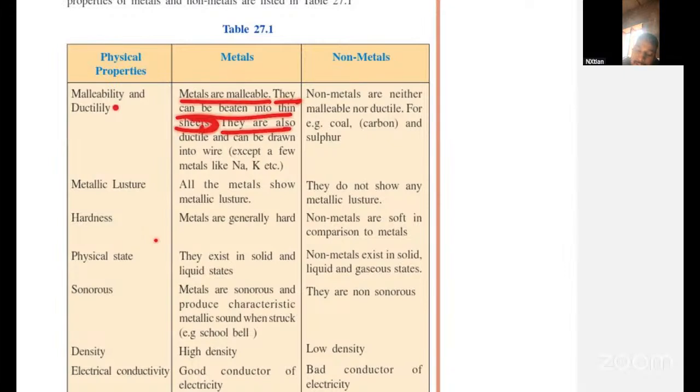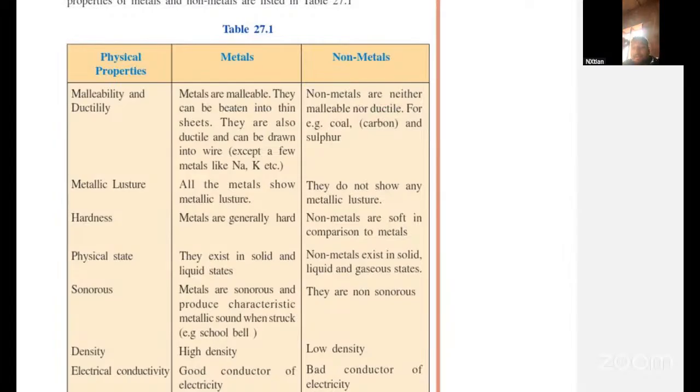Now the second property is ductility. Ductility means you can make a wire from it. So basically, all metals can be drawn into a wire except sodium and potassium. Non-metals are non-ductile, meaning you can't make them into a wire.